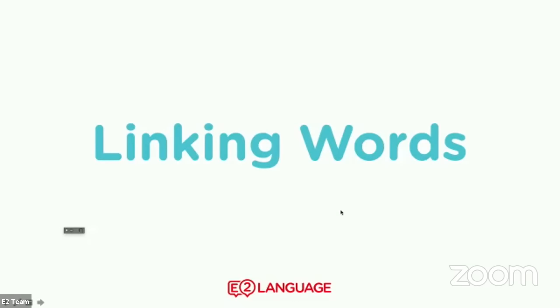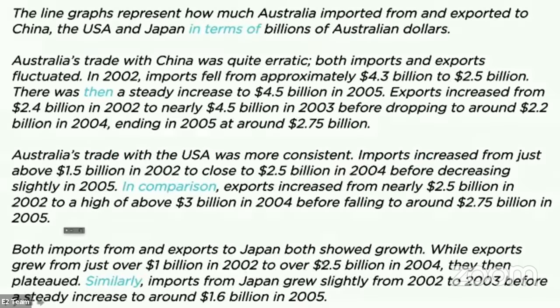Okay, then, well, I'm probably a bit guilty for not using many linking words. A lot of IELTS teachers will tell you that you must use words like however and therefore and as a result and moreover and these types of linking words. You probably should, because IELTS examiners like them.